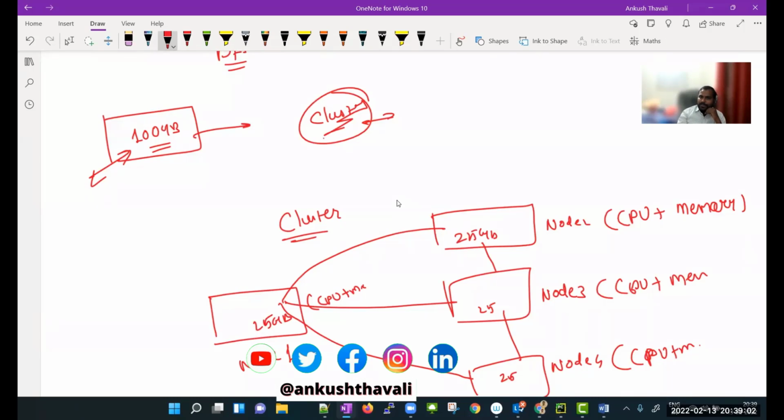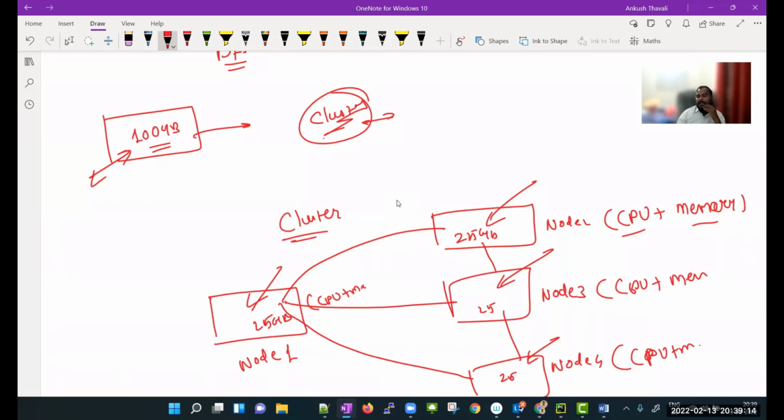Since every node has its own resources like CPU and memory, each will process only 25 GB of data. Earlier, only one person was processing the data. Now there are 4 people processing 25 GB only, not 100 GB.